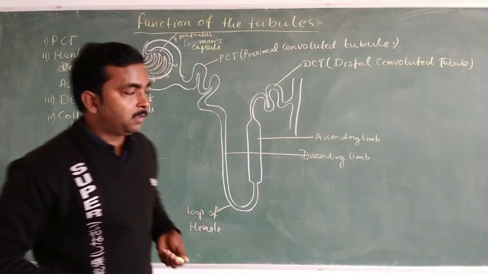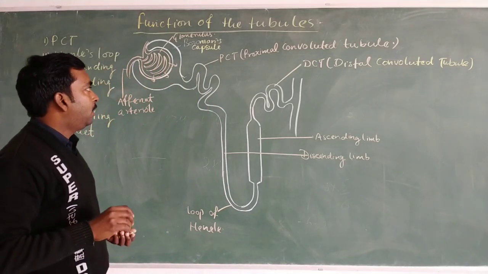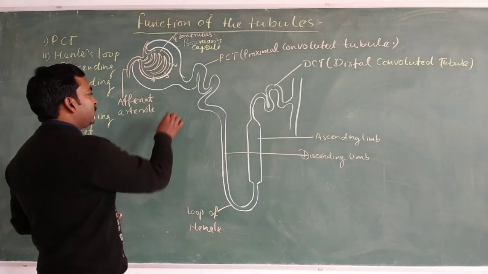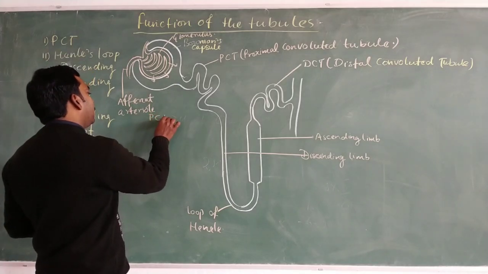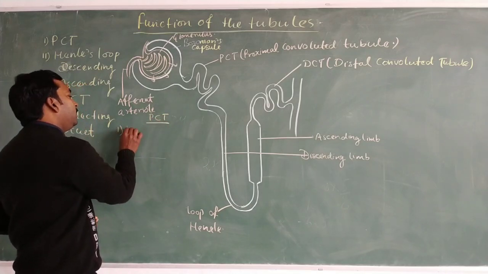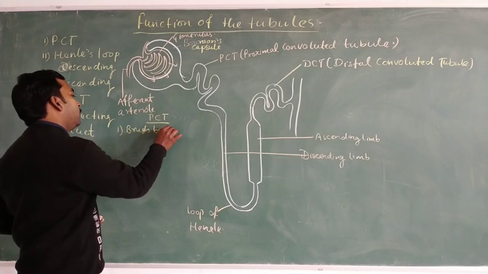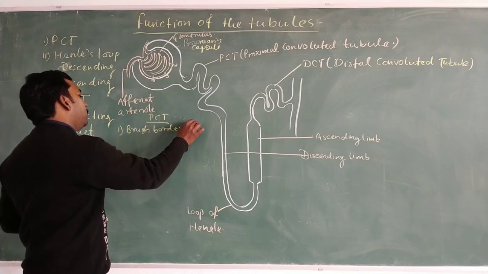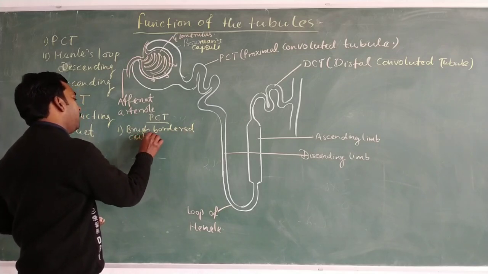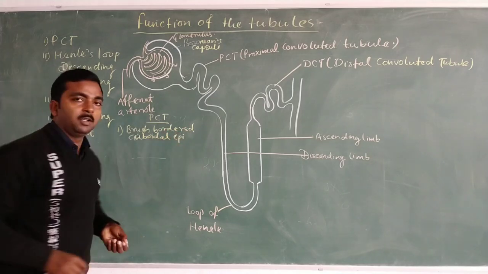First we will discuss their composition or structure, made up of which kind of tissue, which kind of cells. So the PCT is made up of brush border epithelium.